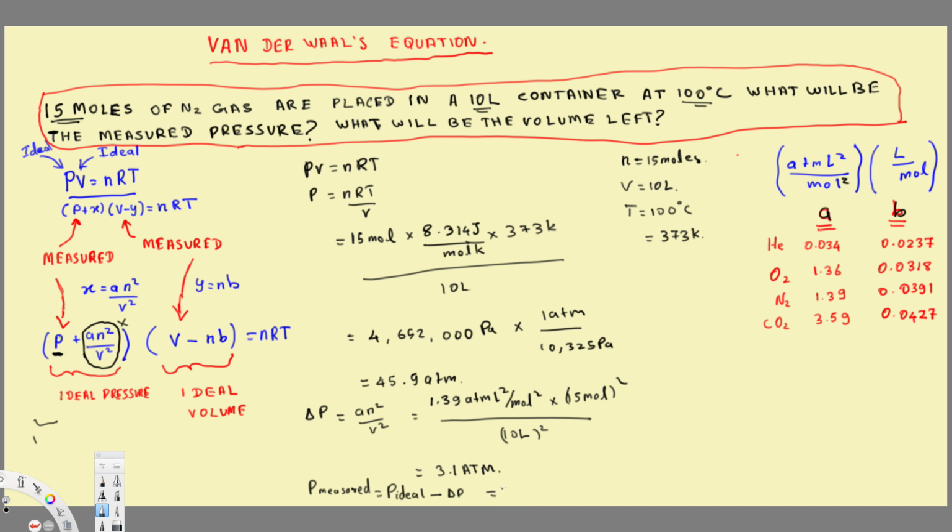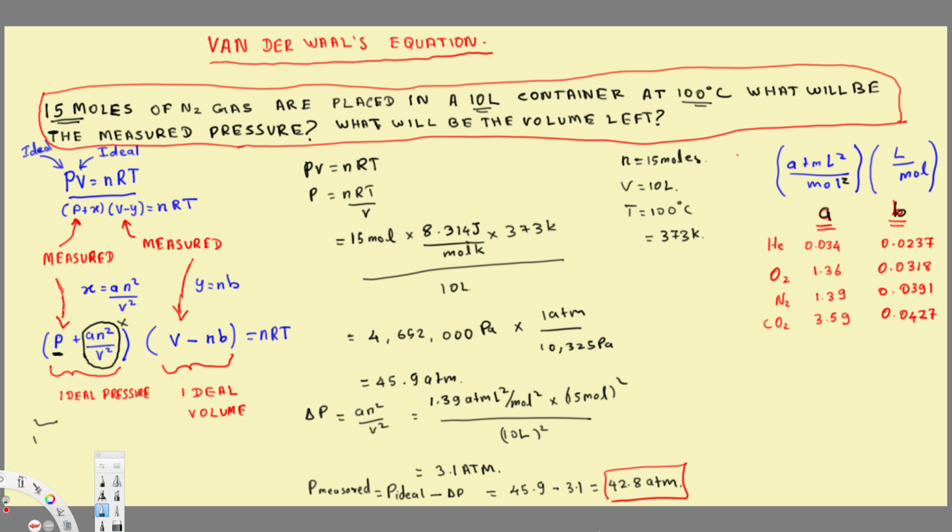Here P ideal is 45.9 atm minus 3.1 atm, that will give you 42.8 atm. So this is our measured pressure, and that is what the first question is asking. So we have found the measured pressure.